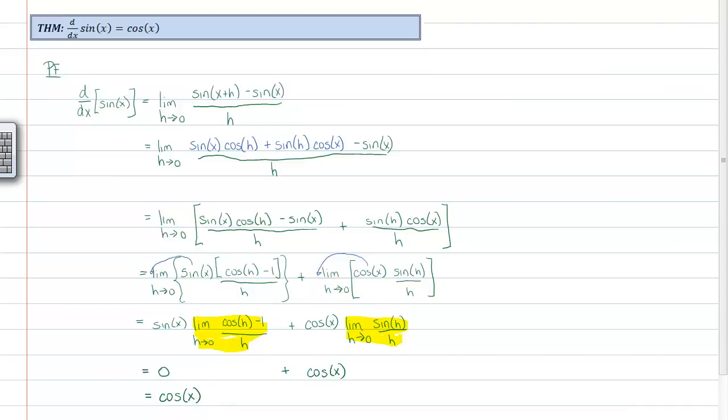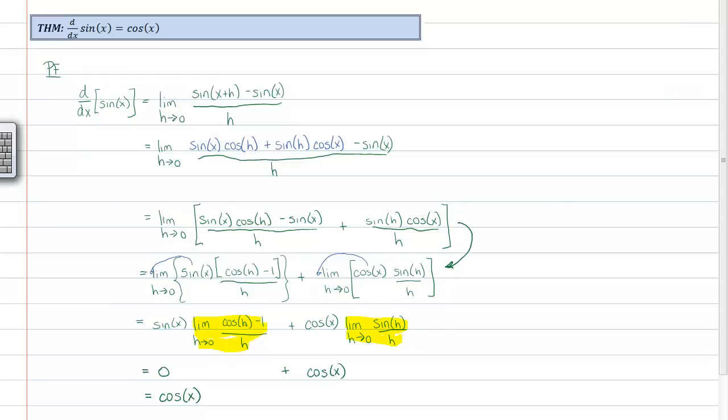Now, one last thing I want to mention here is that we split the limit from here to here. I want you to be very aware that I was trying my best the entire time. When I split the limit, I was trying my best to make sure that after I split the limit, both these highlighted limits turned into something finite.